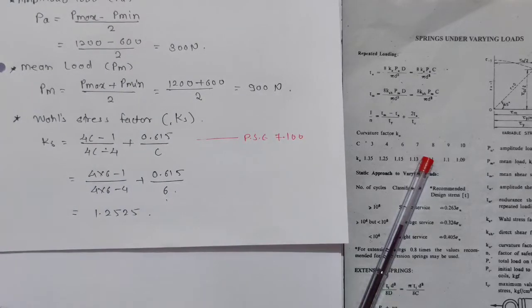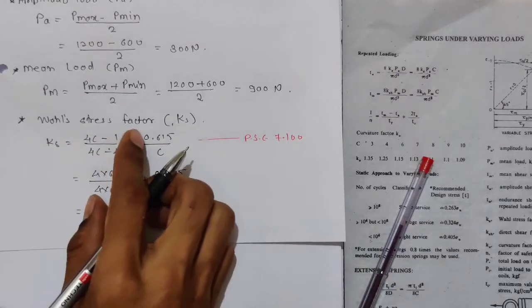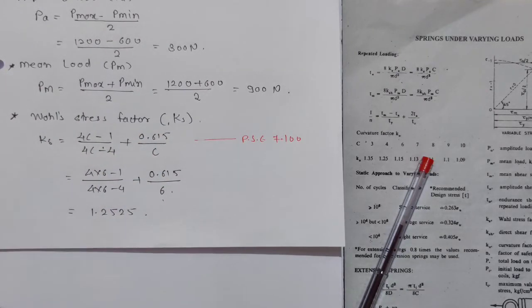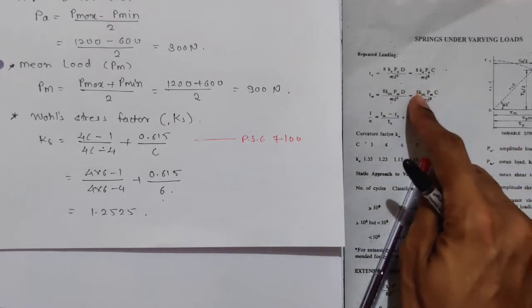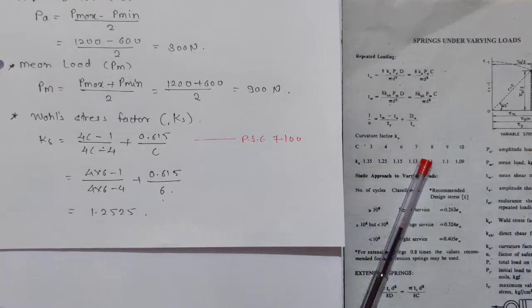Now we know that whenever we have varying load, fluctuating load or fatigue load, we have to use the wall stress factor. For static load conditions we use the direct shear stress factor KSH, but here we need that value in this formula, so we have to find KSH also, but we can't use the usual formula.